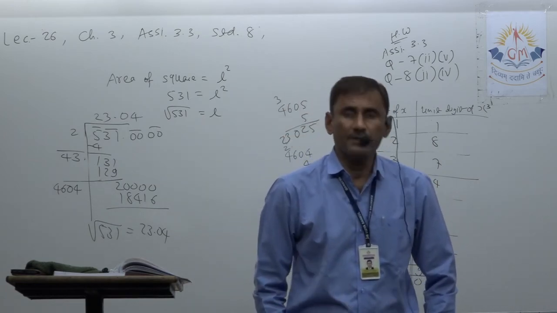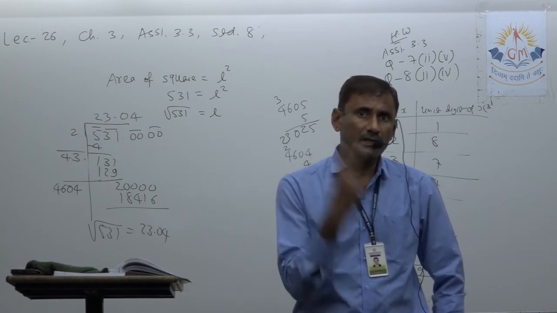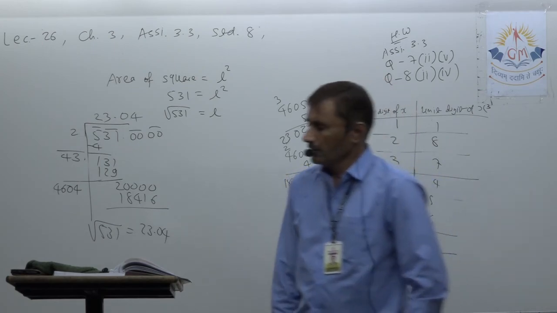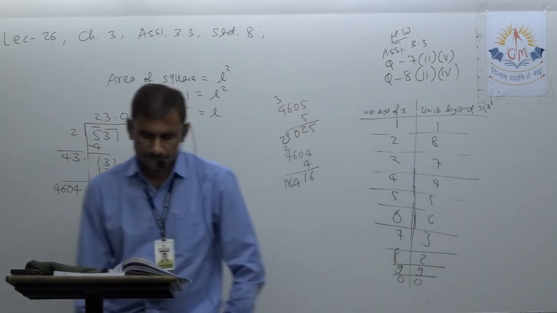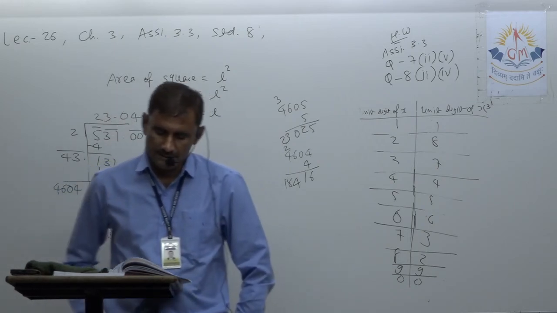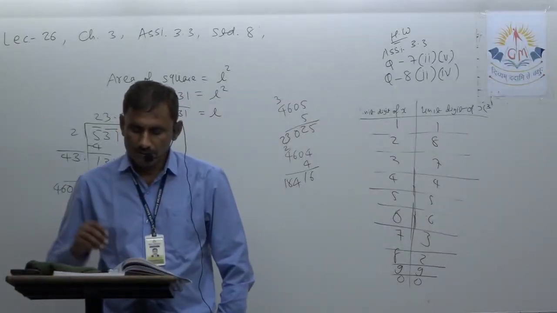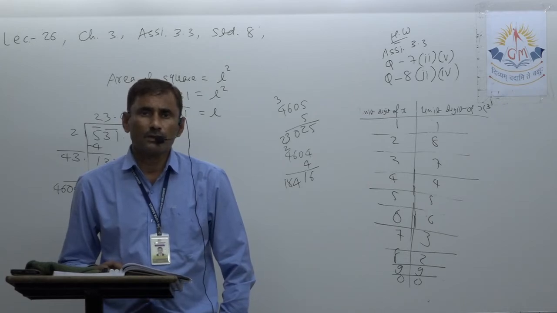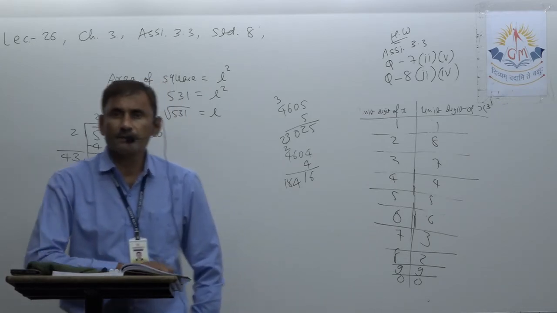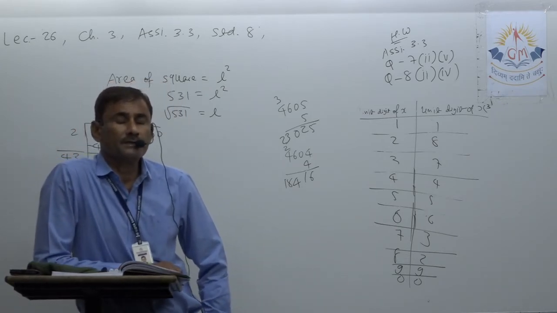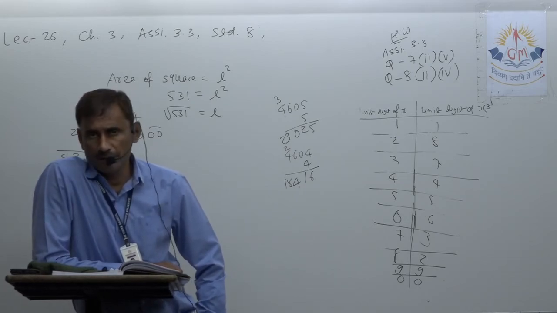In a perfect square number it should be twice, here thrice. Again they are asking whether 576 is a perfect cube or not. But 3 is not 3 times. 3 is twice only. So 576 is not a perfect cube number.